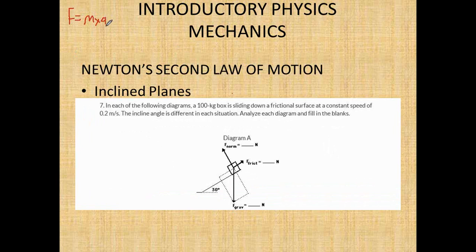And the acceleration due to gravity close to the Earth's surface is a fixed number, 9.8 meters per second squared. So the mass is 100 kilograms, and the acceleration due to gravity is 9.8.